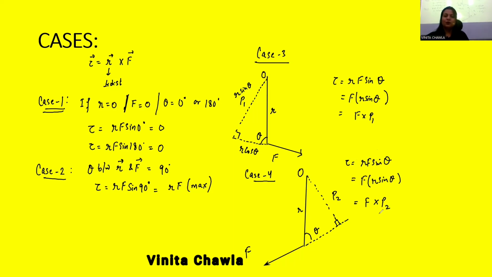So what is this P2? This P2 is the perpendicular distance of the line of action of force from O. It is clockwise.